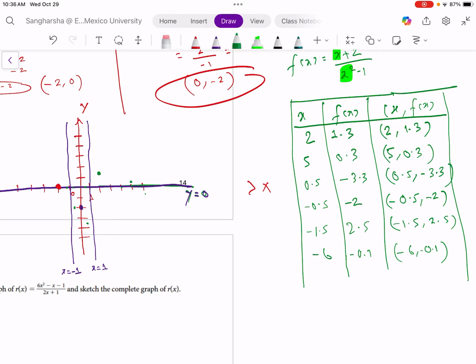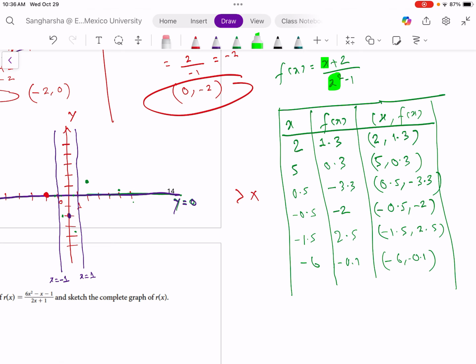Do we get a negative 2 here? Let me double check. So when our x is negative 0.5, do we really get negative 2? So negative 0.5 plus 2, positive 1.5, divided by, can you double check this one, please? When our x is negative 0.5, do we get negative 2?